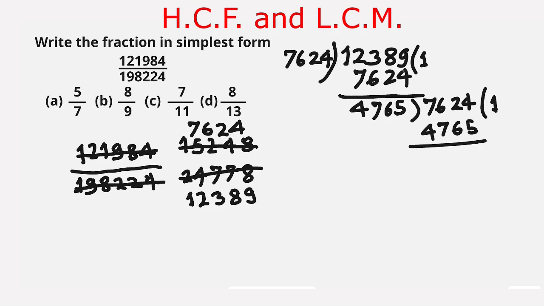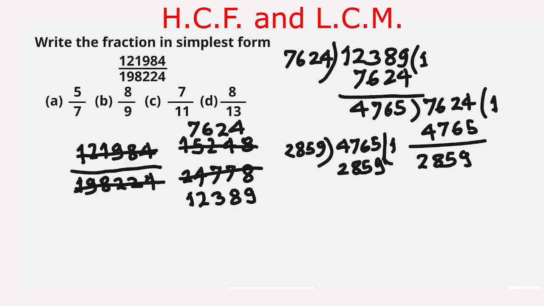On subtracting 4765 from 7624, we get 2859. Now we divide 4765 by 2859. 2859 divides 4765 one time. On subtracting 2859 from 4765, we get 1906.